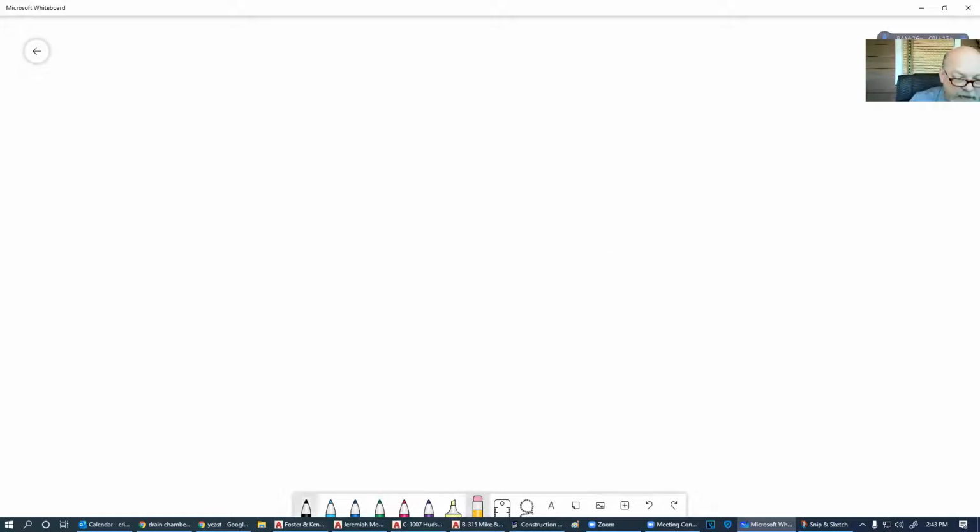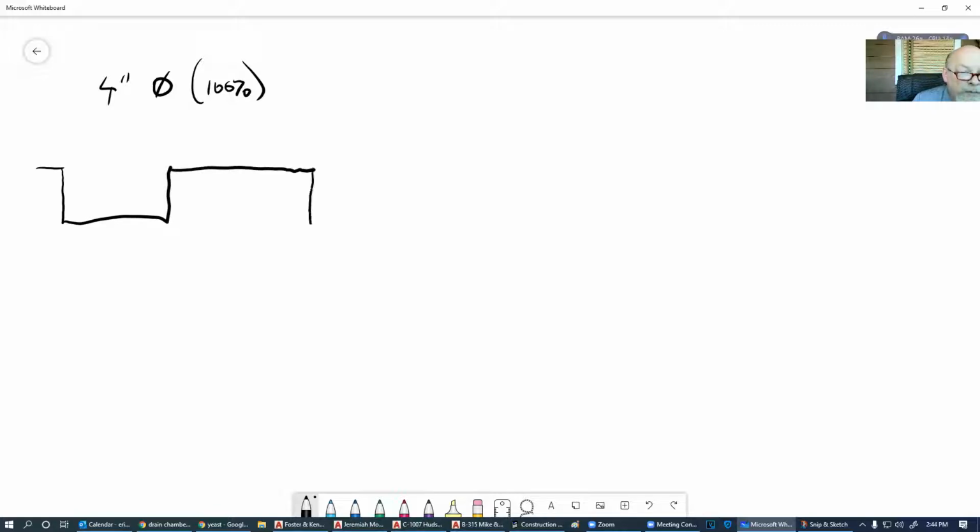So when we do a conventional 4-inch diameter, 100% drain field, basically you have to dig a hole, or holes depending on how many drains you have. They must be 3 foot deep and 3 foot wide.